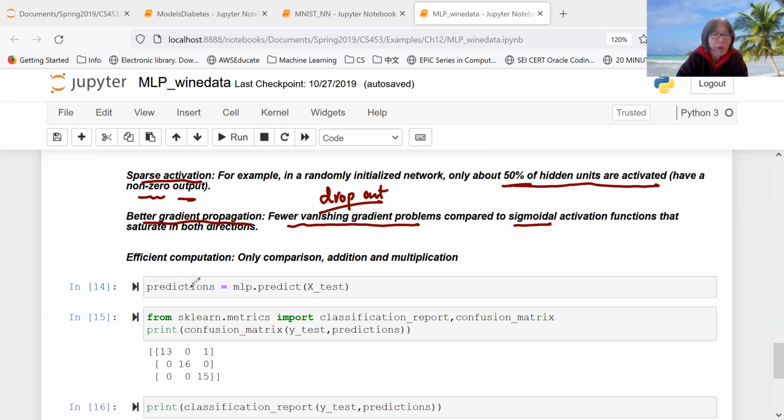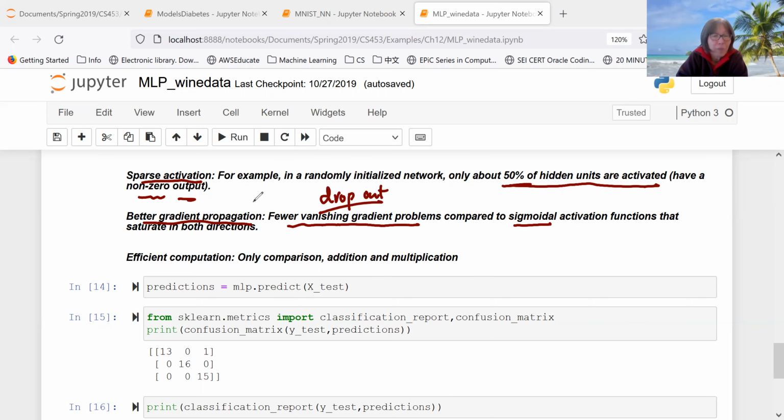So that's why in a lot of cases we prefer to use ReLU. And it's also efficient computation: only comparison, addition, and multiplication, not like sigmoid. So that's its advantage, ReLU. Just keep this in mind.